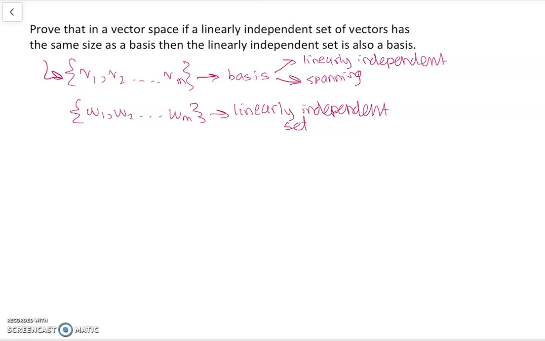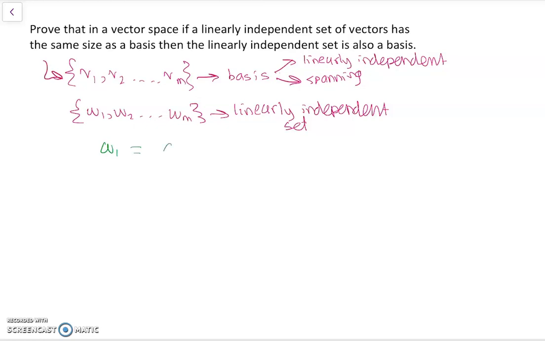Since the v's form a basis, we can write the w's as a linear combination of the v's. So each of the w's is a unique linear combination of the v's.